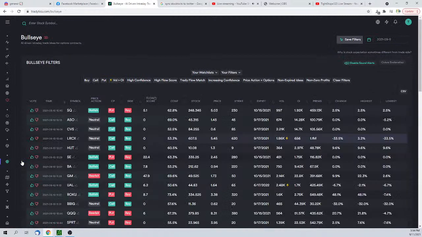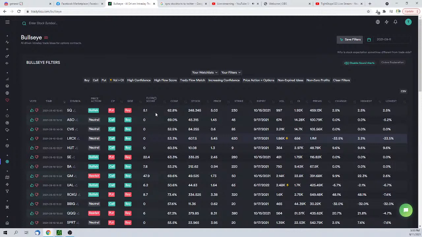Bullseye is their intraday AI tool. It's great for people that like to scalp real quick or catch a run. So at 15 minutes before close, the price action on Square is bullish, but they alerted a put buy.